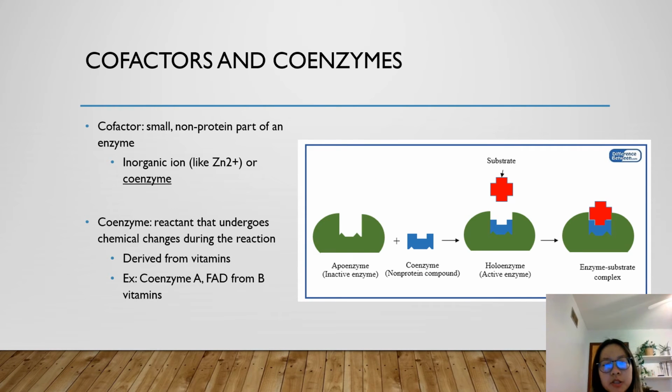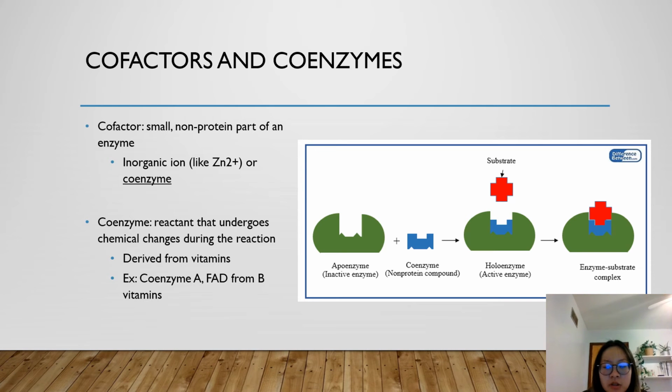So we've talked about the protein parts of enzymes, but most enzymes also contain a small non-protein part called a cofactor. It can be an inorganic ion or a small organic molecule called a coenzyme. Coenzymes are reactants, not catalysts, that undergo chemical changes during the reaction, and they are derived from vitamins, and they also require an additional step to return to their initial state.